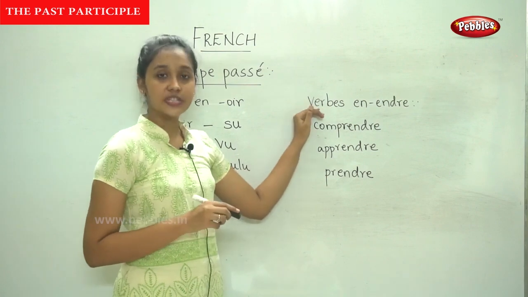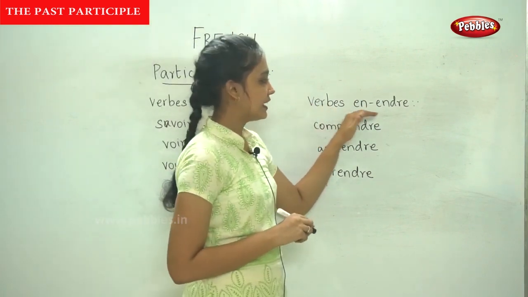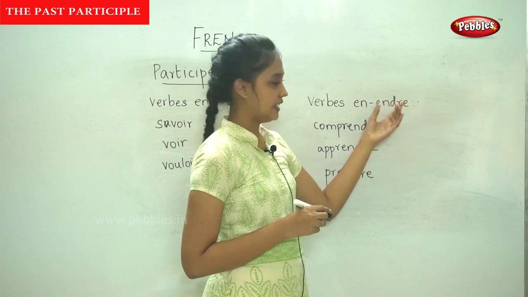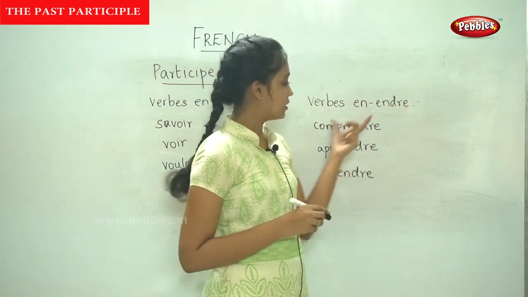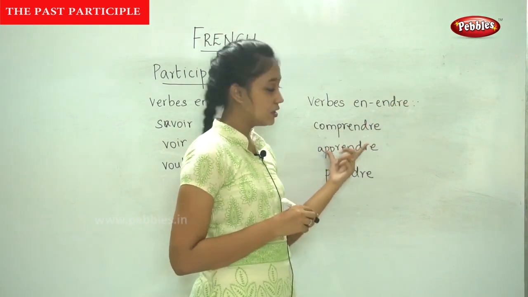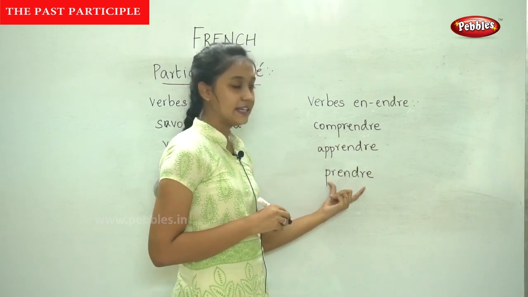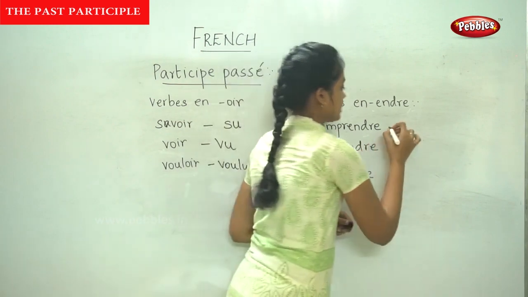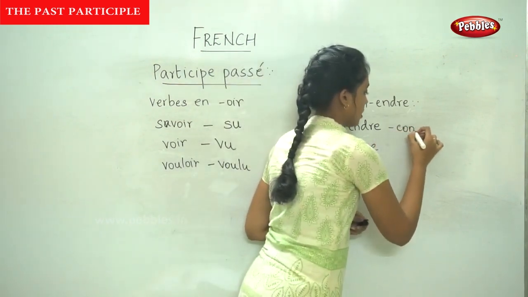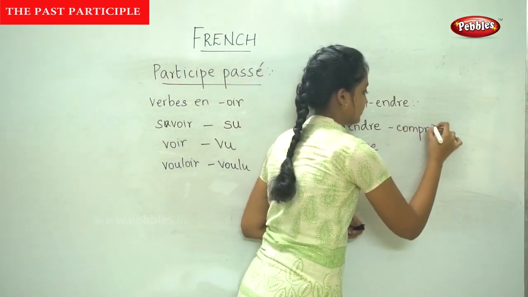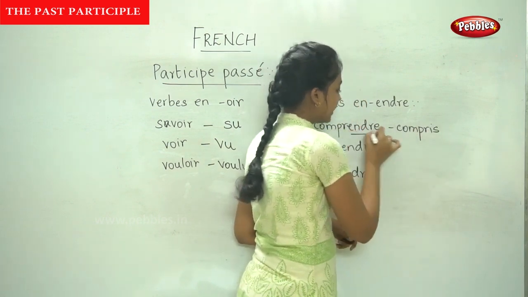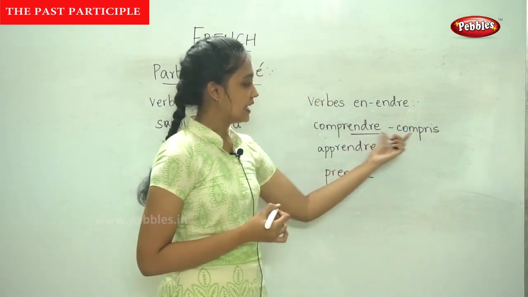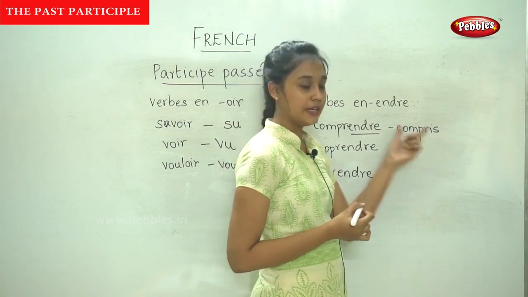Now moving on to the next category, verbs ending in ENDRE. The verbs are comprendre, apprendre and prendre. For comprendre, it is compris. So we remove ENDRE and add IS, compris.